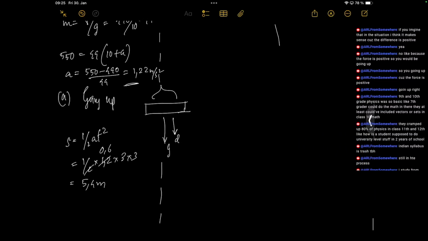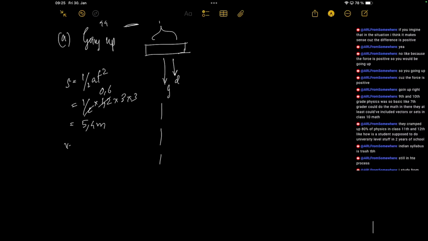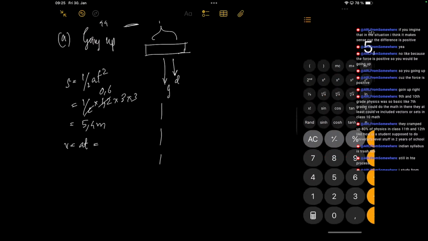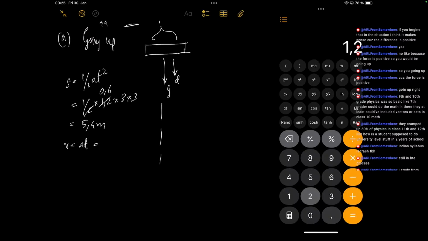So what's the velocity? V equals A T. 3.6 meter per second.